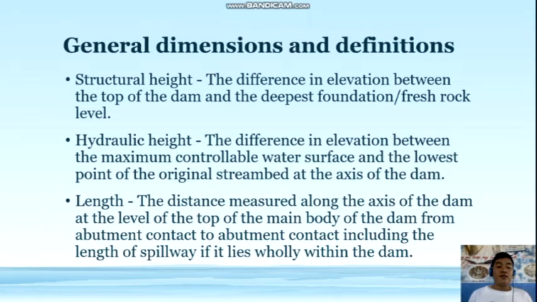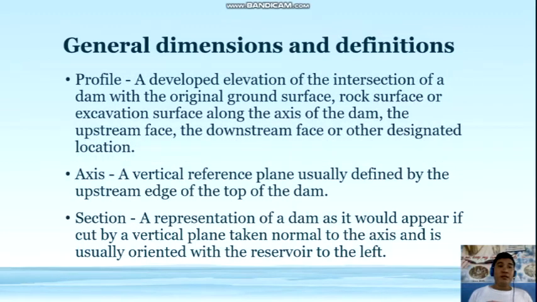Length, it is a distance measured along the axis of the dam at the level of the top of the main body of the dam from abutment contact to abutment contact, including the length of spillway if it lies wholly within the dam.